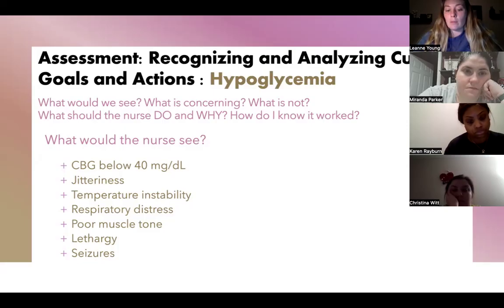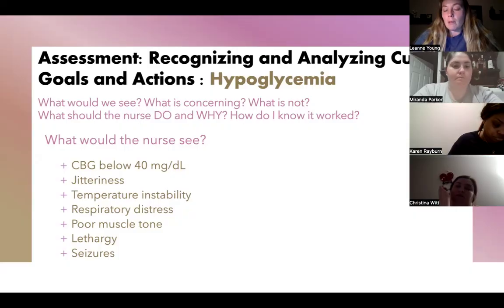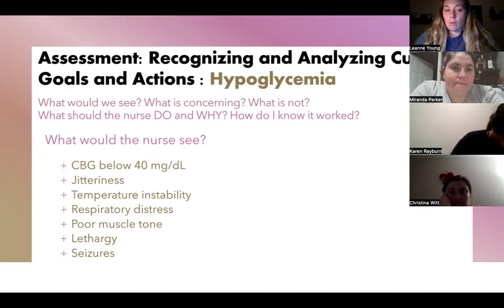Okay, so with respiratory acidosis, we're going to start seeing the respiratory distress. We're going to see symptoms associated with difficulty in breathing, all of those things that we don't want to see in a newborn, but that all stems from that metabolic acidosis. Poor muscle tone and lethargy are going to be associated with hypoglycemia as well. And if it gets bad enough, the baby can sometimes have seizures.